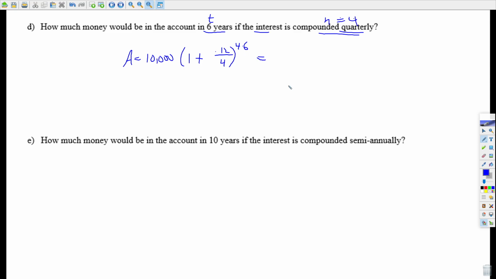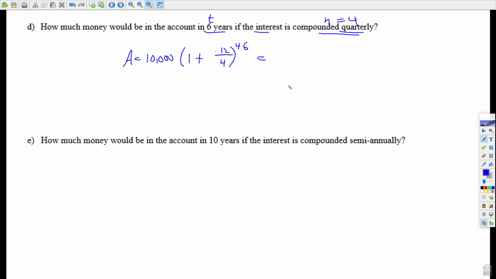Again, I'm going to put the whole thing into the calculator at once. So 0.12 divided by 4, 0.03, add 1. Now I got to raise it to the 24th power, which is like 2.03279, blah, blah, blah.